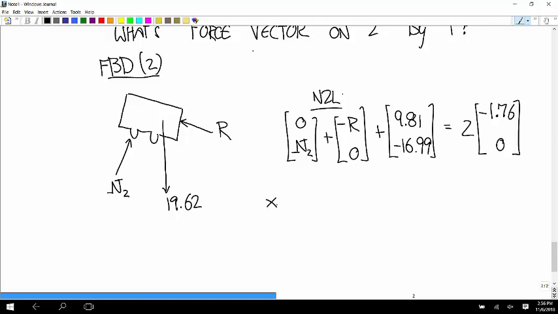And the x equation says 0 minus R plus 9.81 is equal to negative 3.52.